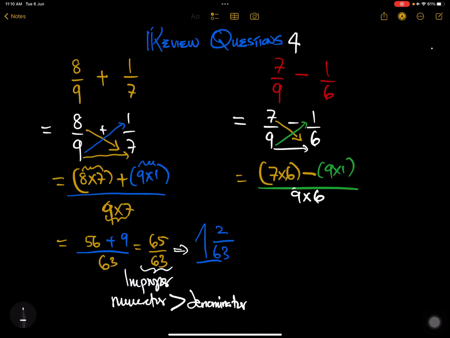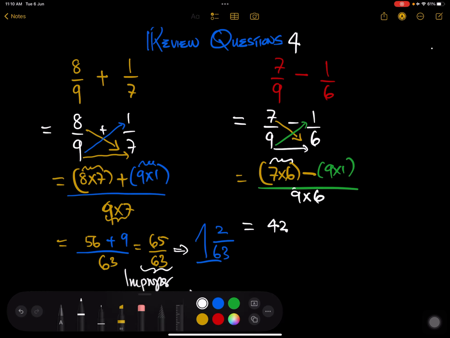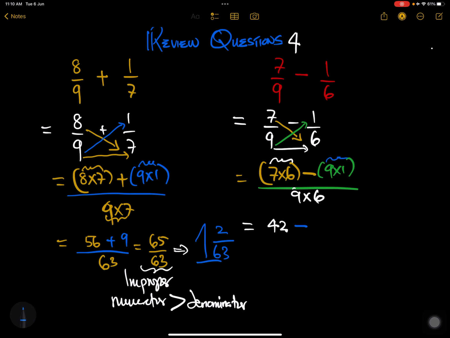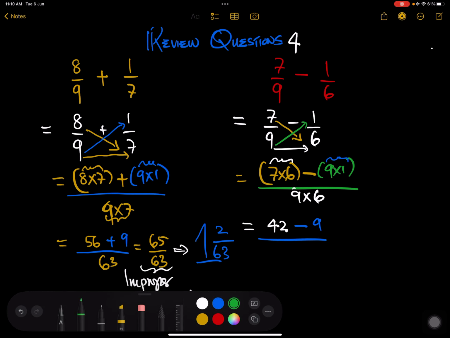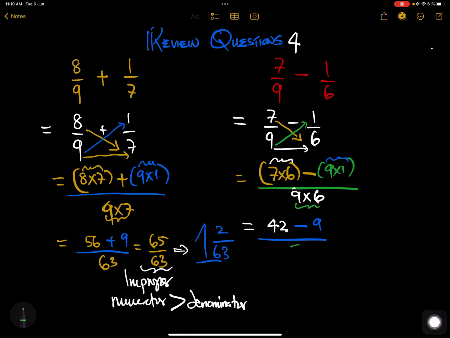What are we going to get? If we look at 7 times 6, that's 42. And then we're going to have minus 9 times 1, which is 9. All divided by 9 times 6, which is 54, I believe. We're going to get 42 minus 9, which gives us 33, divided by the denominator, which is 54.